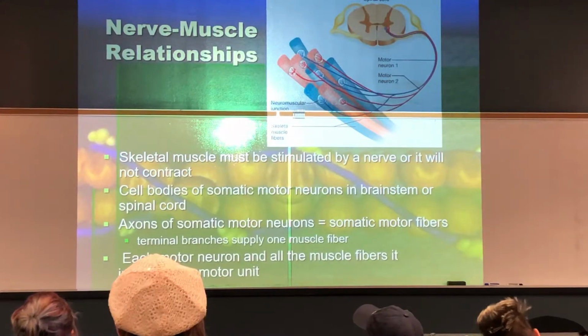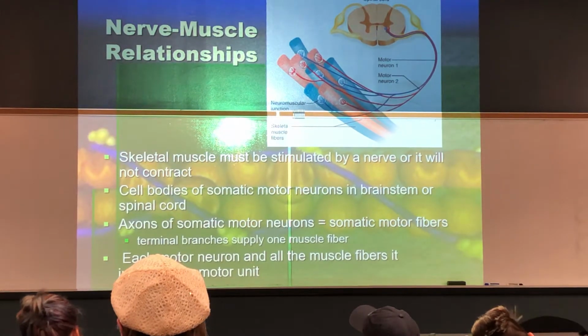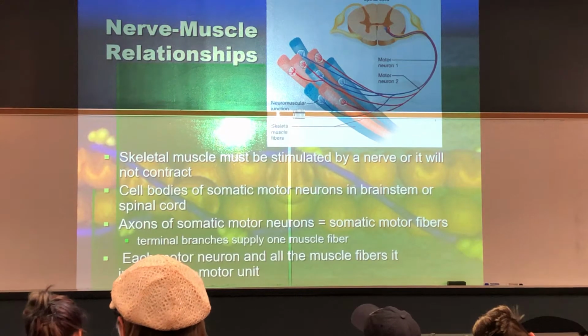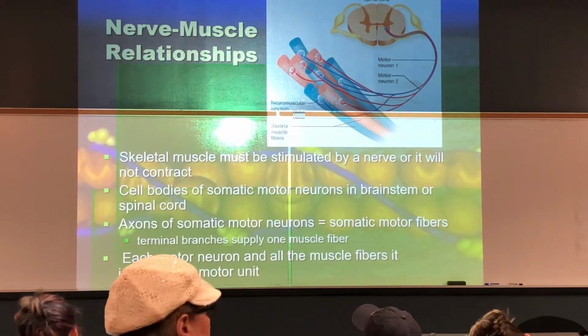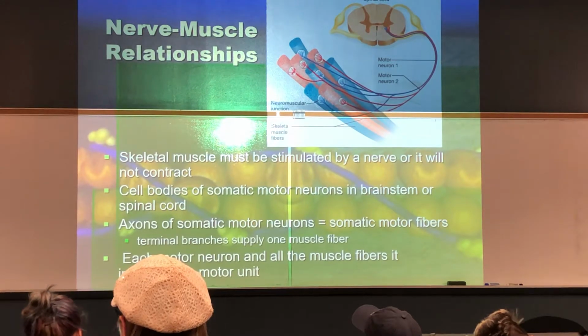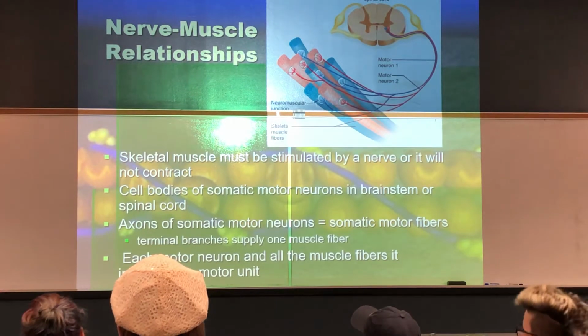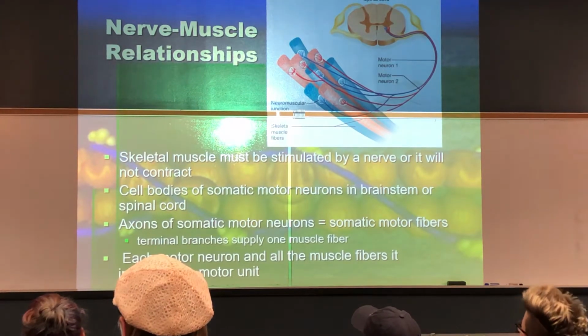Now before we get there, we have to talk about one component that we're going to talk more about after this next test. So this test, which is next Thursday, is considered the muscle test. After the muscle test, we're going to spend the rest of the semester talking about the nervous system. So the brain, spinal cord, nerves, things like that.